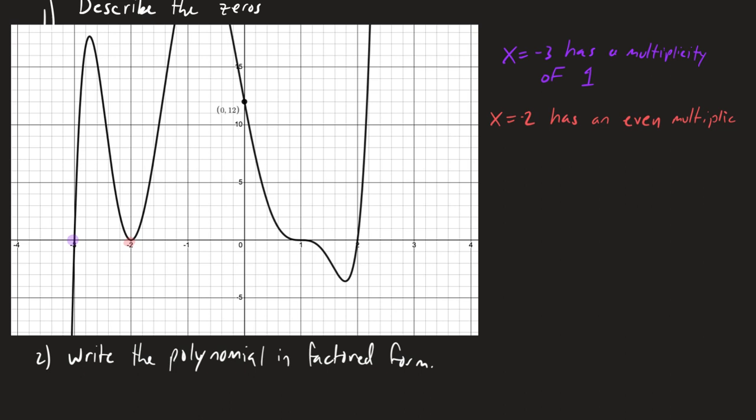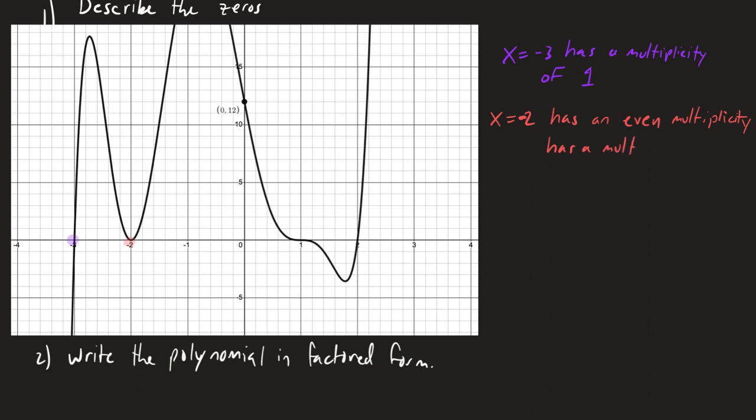We could see 2, 4, 6, 8. We really aren't going to do that to you because it's very hard to tell the difference between a multiplicity of 2 and a multiplicity of 4 just by looking at the graph. So usually when it's a bounce, we're going to say it has a multiplicity of 2.